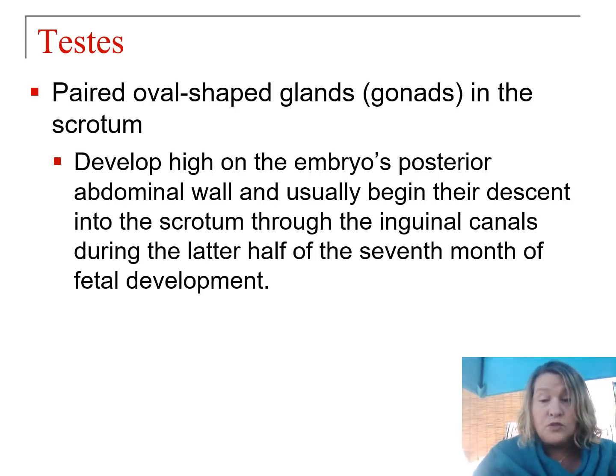If they don't, it's called undescended testes. And unfortunately, surgery would be required to move the testes from the pelvic cavity into the scrotum. Otherwise, the body temp issue would occur and the testis would be non-functional.